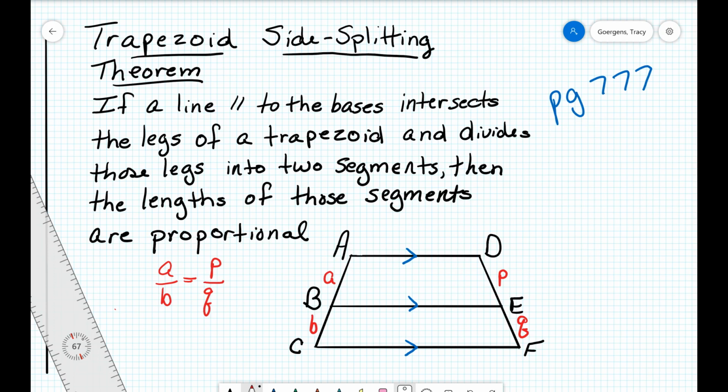Okay. Now, you can also find out other parts. So if you're asked to find out like a base or something like that, if you're given one base here, you can also go with the same idea of similitude here. So let's say, if you're asked to find a base, you can say that trapezoid ABED is similar to ACFD.